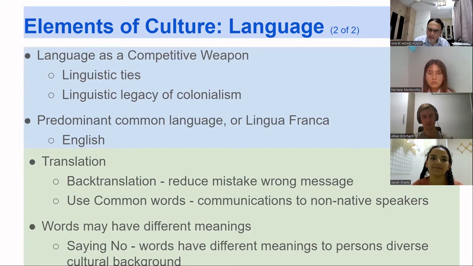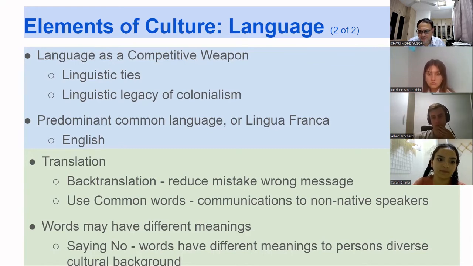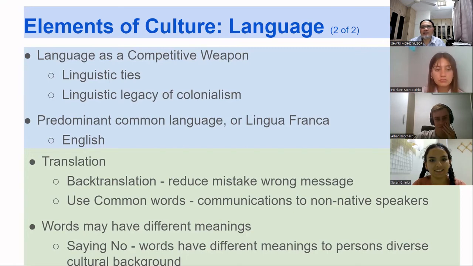"Ikimasen" is "let's not go," the negative form. So how would you answer, Sarah? Or Alban or Norian? "Kohi nomi ni ikimasen ka?"